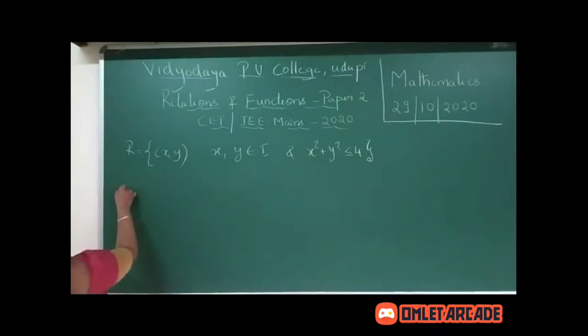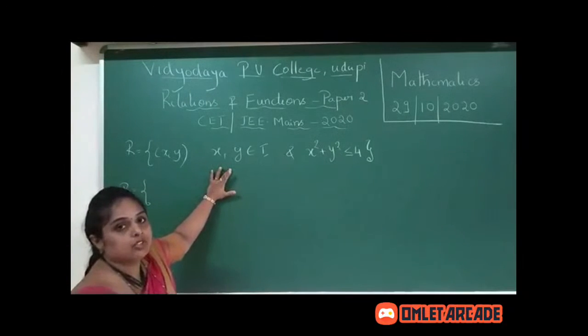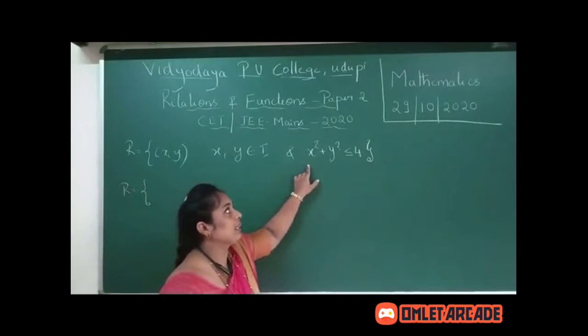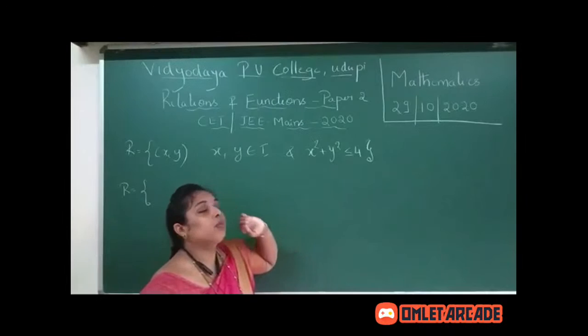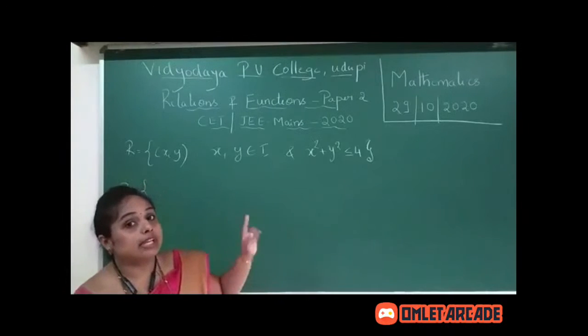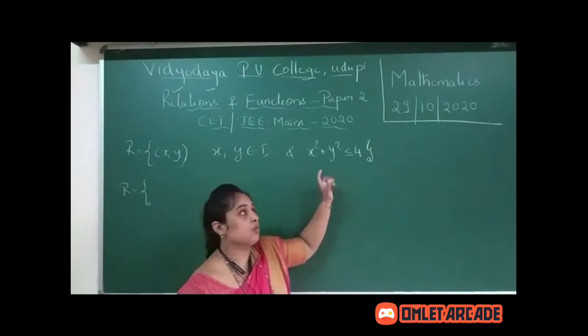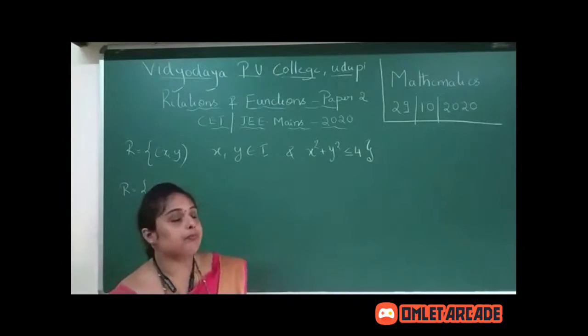So R will be equal to, so look here, I have to substitute x and y as integers. I have to select only the integers, and they should be such that the sum of squares is less than or equal to 4. Whatever values I put in the place of x and y, the sum of the squares of those values should be less than or sometimes equal to 4.